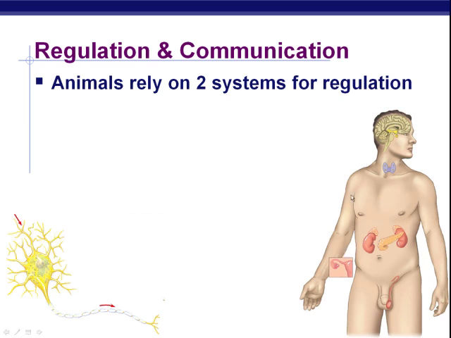Over here we see the endocrine system symbolized by showing all the different glands that might be in a human. This is another way for the body to communicate with itself. But in this case, we're talking about distances of communication much greater than from one cell to another.